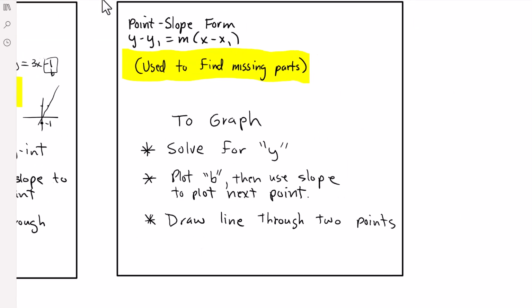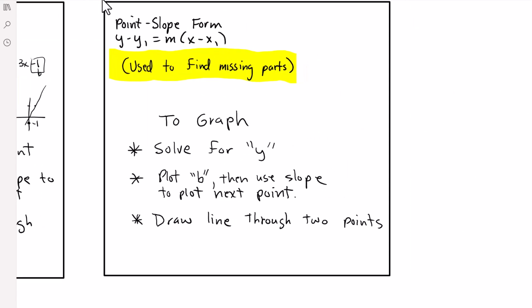Okay, then when you have point slope form, that's typically when you're given a point, hence the point. So let's call this 2, 1, and you're told what the slope is. Slope is, say, 2.